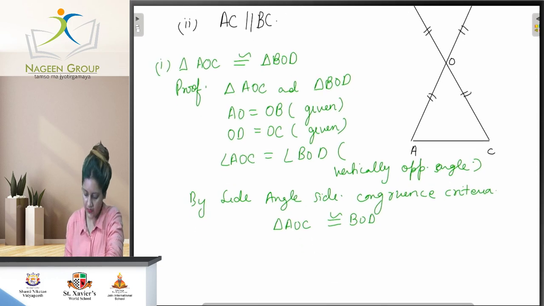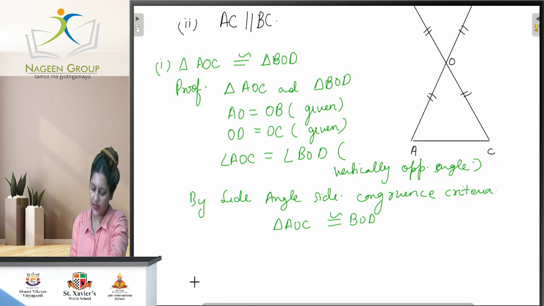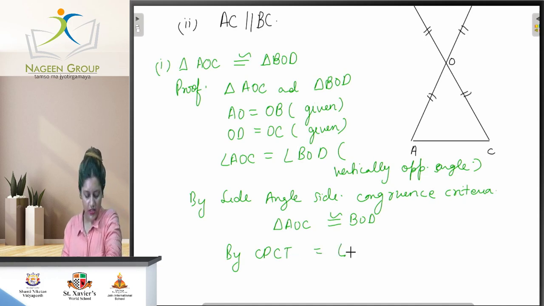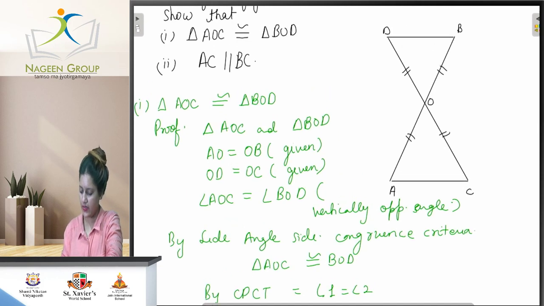Hence, the next part that is given, so by CPCT, angle 1 is equal to angle 2. That is, here it is 1 and here it is 2.